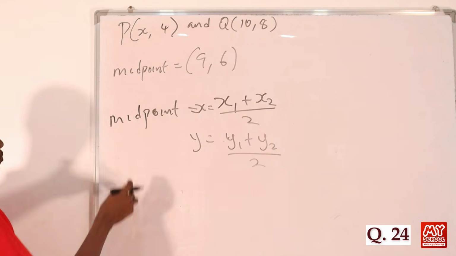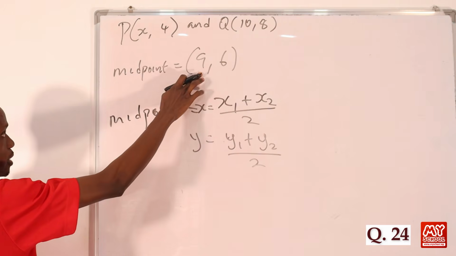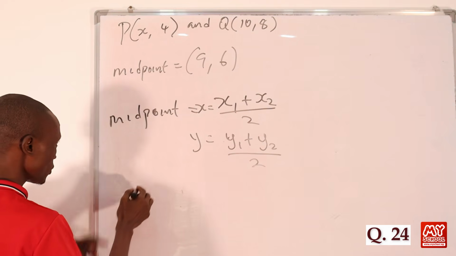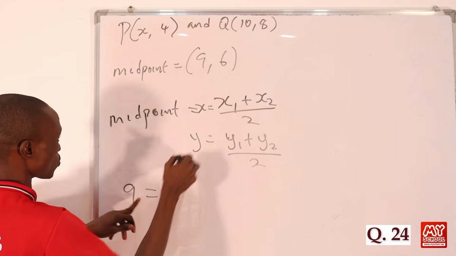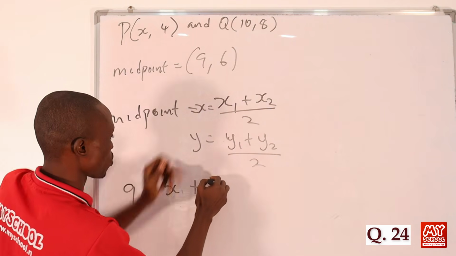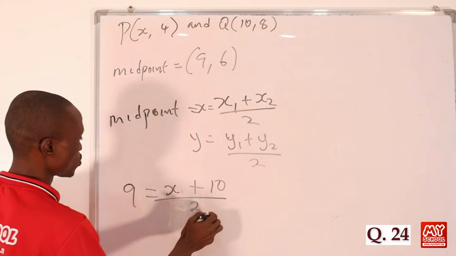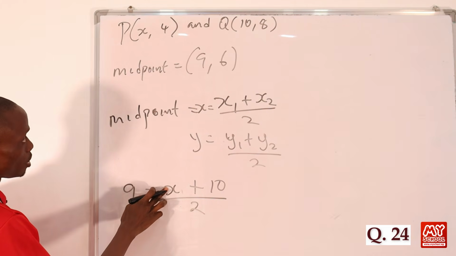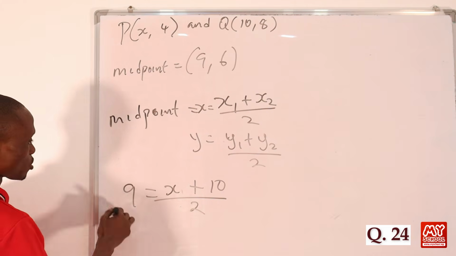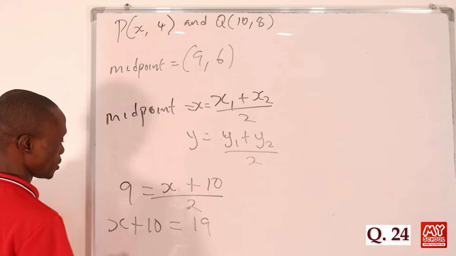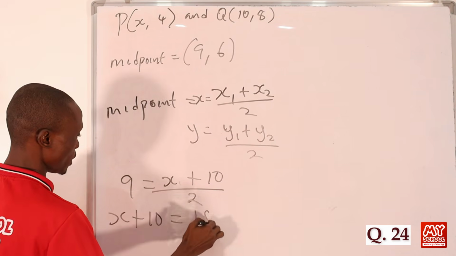So in this case, you can find out that for this question, the x coordinate is given to us to be 9. Okay, so in that case, we'll be having 9 is equal to x1 is equal to x, then plus x2 is equal to 10, divided by 2. Okay, so we simply cross multiply and make x the subject of formula in order to get the value of x. So this will be equal to x plus 10 is equal to 18.